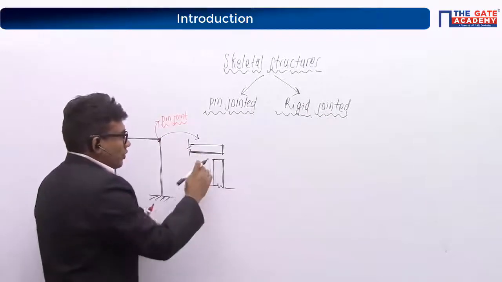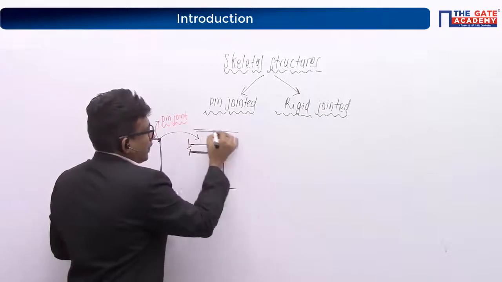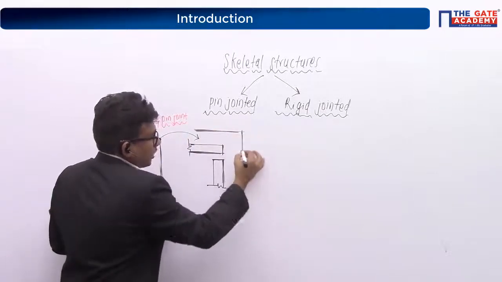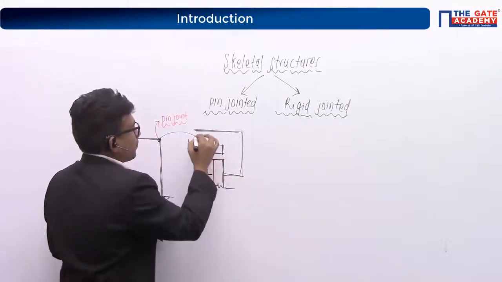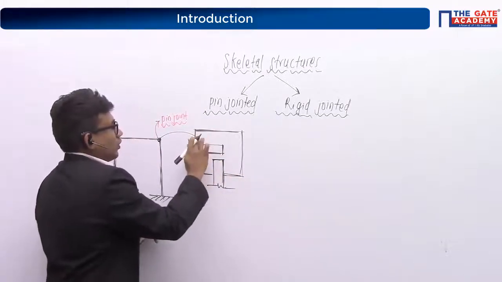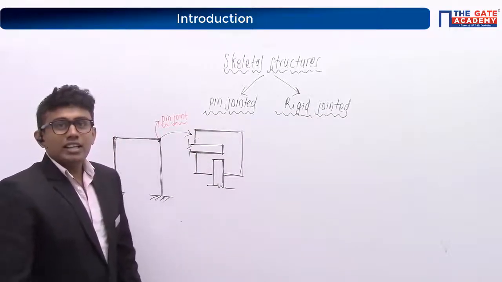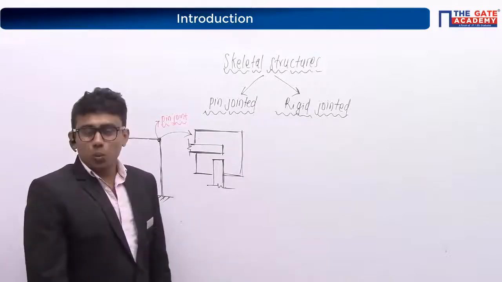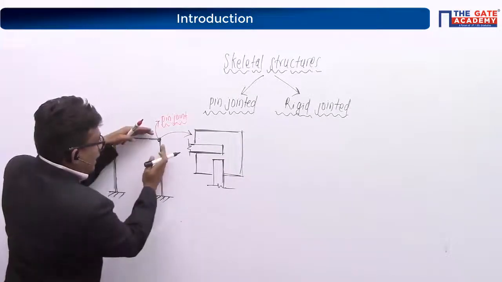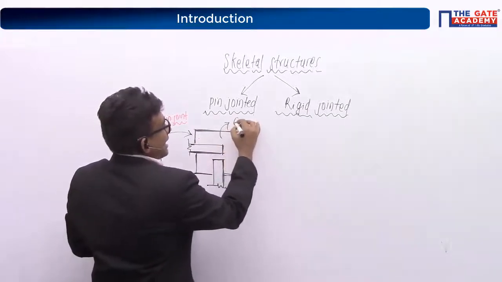These two members will be connected to a common plate which is called, anyone? Yes, gusset plate. Superb. The members will be connected to a common plate which is called our gusset plate.